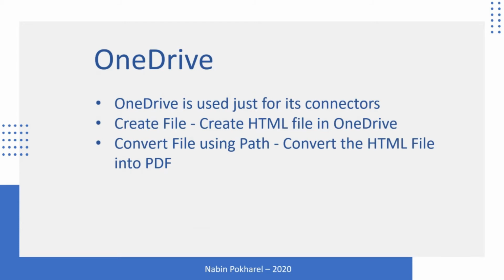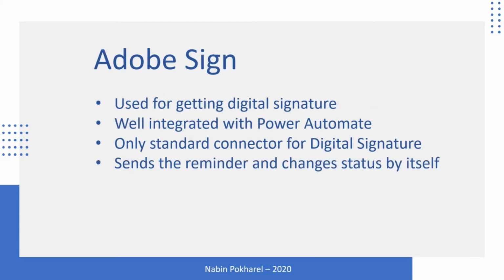Next is Adobe Sign. Adobe Sign is not a Microsoft product, and it is used for getting a digital signature from a client, or from the vendor side if we need it. It is well integrated with Power Platform, so it is very easy to use Adobe Sign to automate the process.